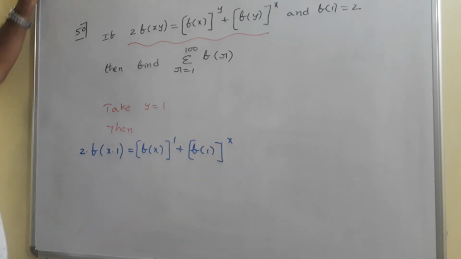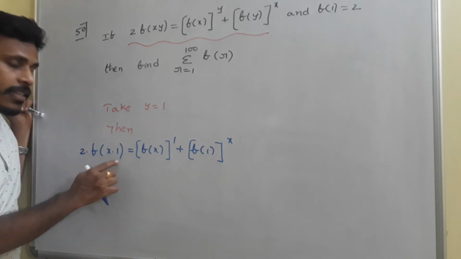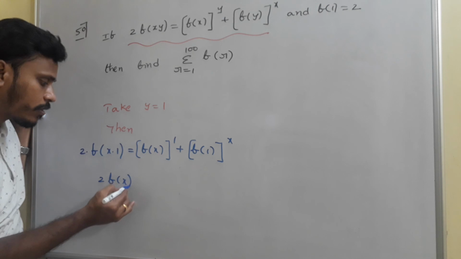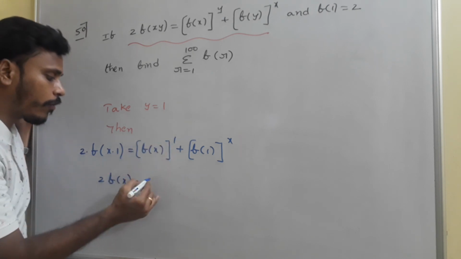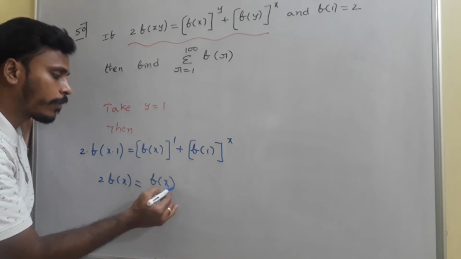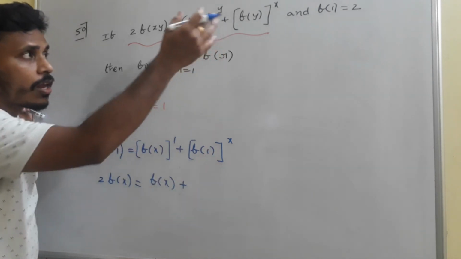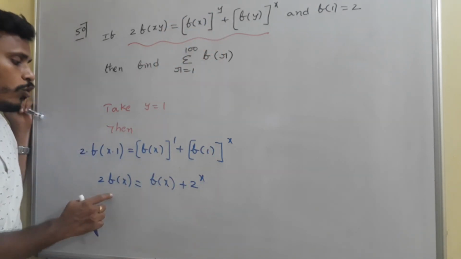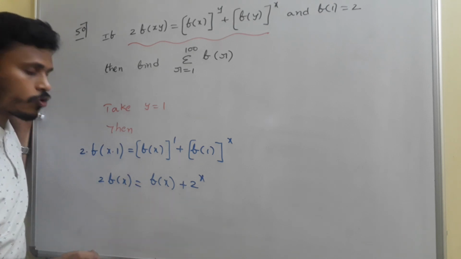Now x into 1 is x, right? So this is 2 f of x. 2 f of x is equal to f of x power 1, which is again f of x only, plus f of 1, already given as 2, so it is 2 power x. 2 f of x is equal to f of x plus 2 power x.